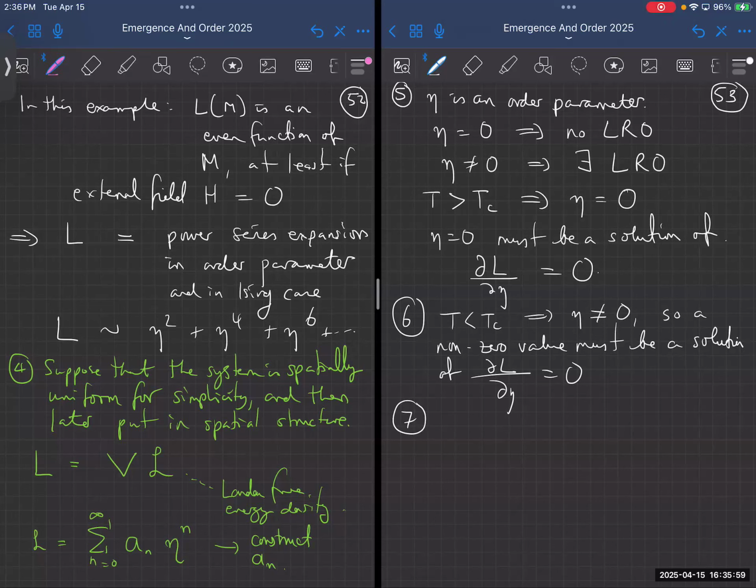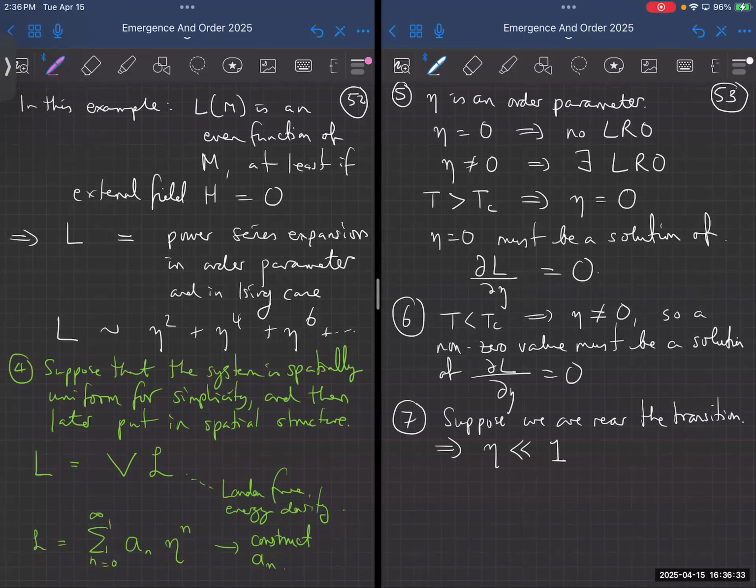So the next thing is, let's suppose we're near the transition. Now, in this course, we're not so interested in being near the transition, okay? But that won't make much difference for what we're going to do next. So let's suppose for now that we are near the transition. Then what that means is that eta is going to be very much smaller than 1.